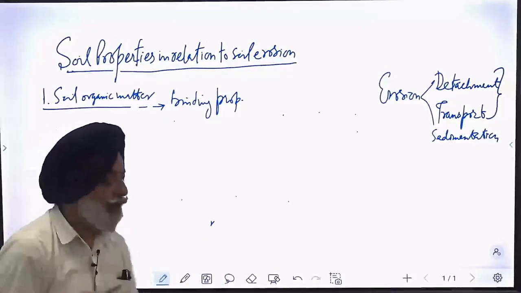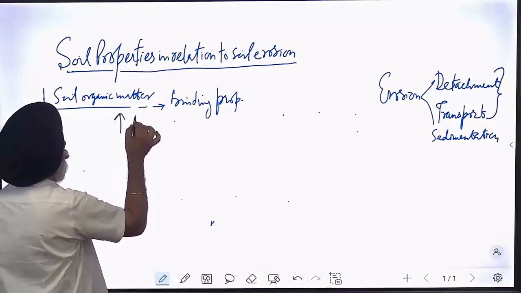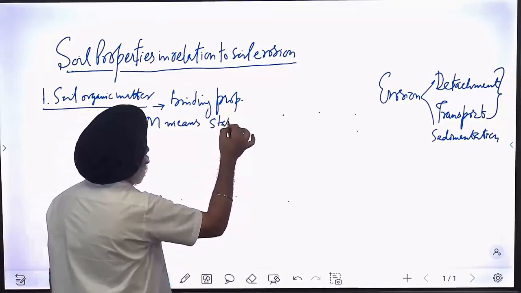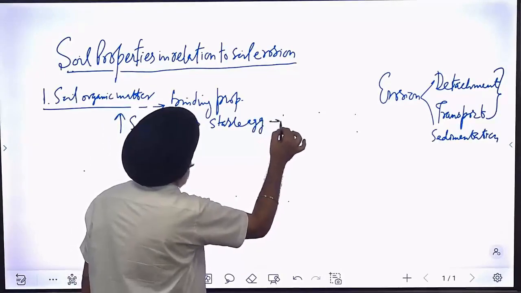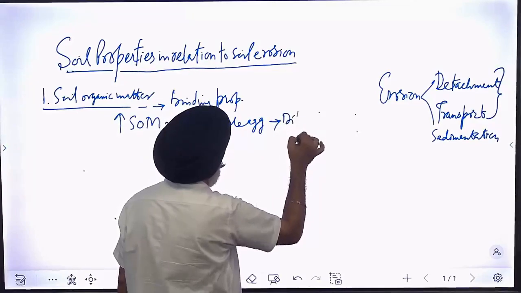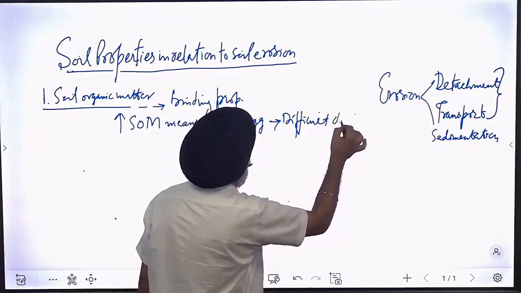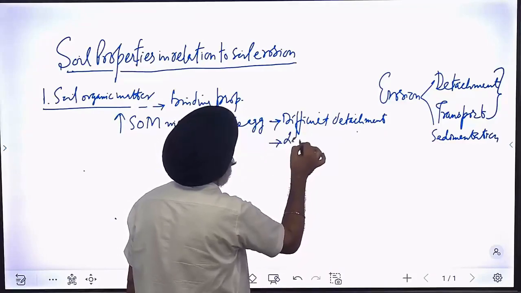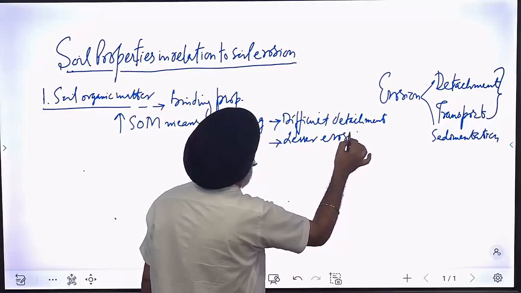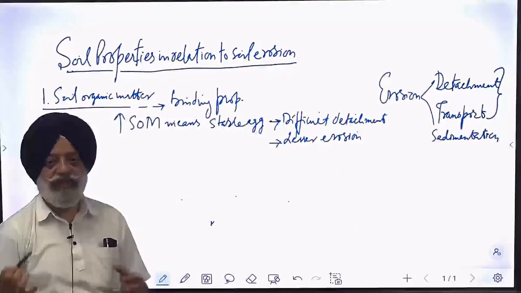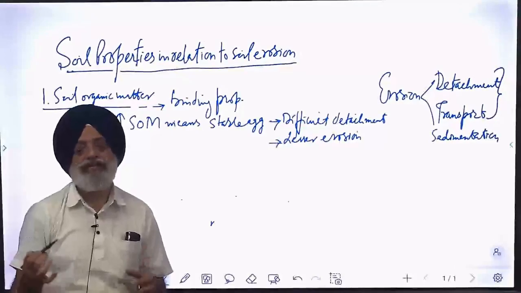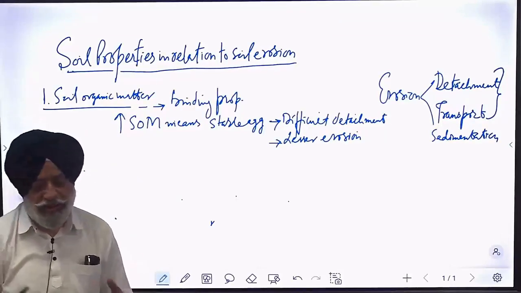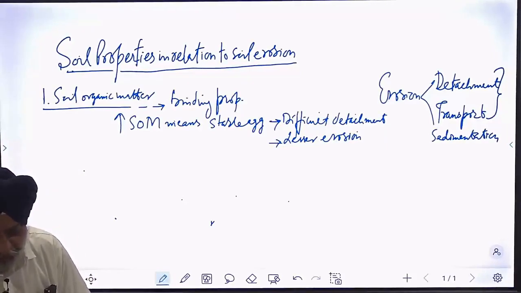So, of course, higher soil organic carbon, higher soil organic matter, means stable aggregates, and stable aggregates mean difficult detachment, and this means lesser erosion. So, a soil with a higher amount of soil organic carbon will be less erodible than a soil having a lower amount of soil organic carbon. So, this is very simple.